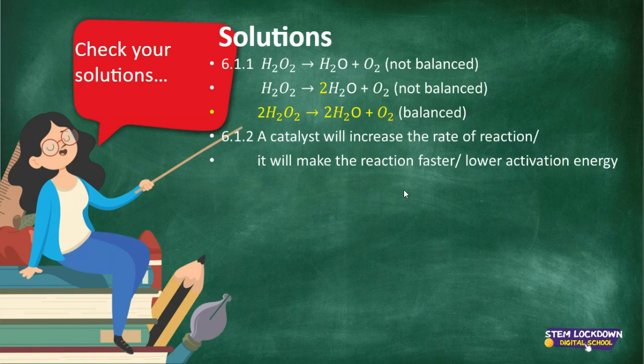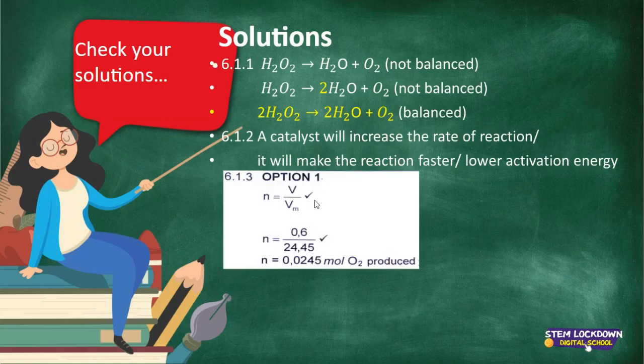Right. The next question was to determine the mass of hydrogen peroxide that would have decomposed. So what is it that we know? Let's look at how we go about it on option 1. We know that number of moles equals volume over molar volume.